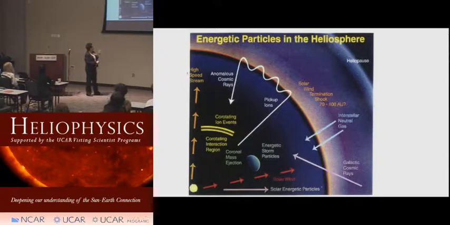So we call them solar energetic particles, or SEPs. We also know that you can have co-rotating interaction regions, CIRs. I'm going to show more about that. When fast and slow wind interact, they can also accelerate particles. And as I showed before, you also have the termination shock.